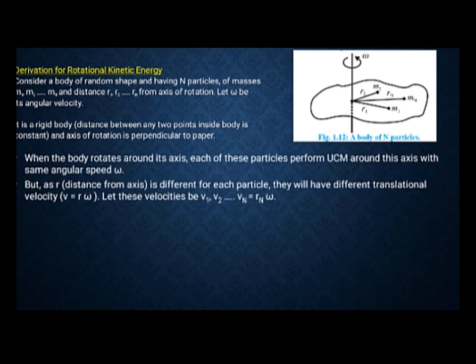Let us consider translational kinetic energy for the first particle. Kinetic energy is equal to m1 v1 square upon 2, but v1 is equal to r1 omega. Therefore, kinetic energy for the first particle is m1 r1 square omega square upon 2.